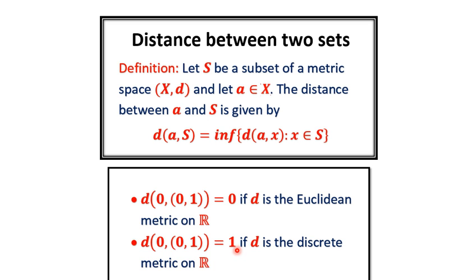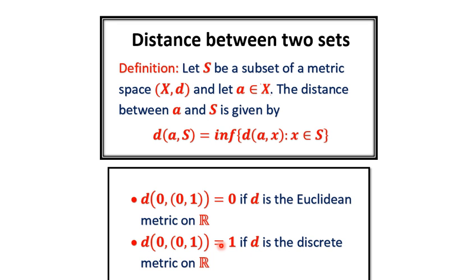But if you look down here, you realize that it's the same thing, but we have an answer of 1. Why is that so? It is because the distance from a point to a set actually depends on the metric you define on the space. In this case, with the Euclidean metric, we get a distance of 0. But if we use the discrete metric, we get a distance of 1.